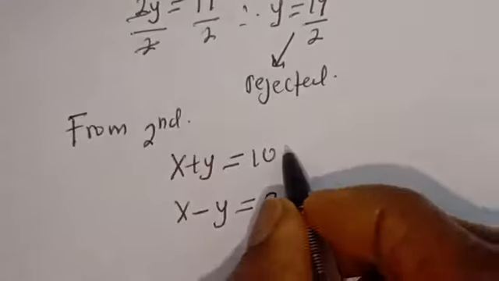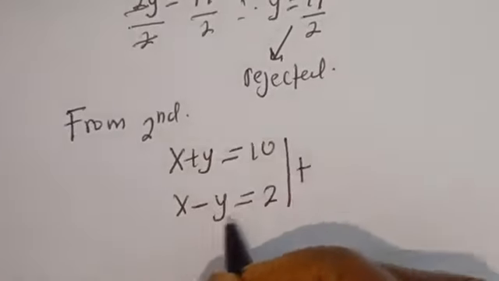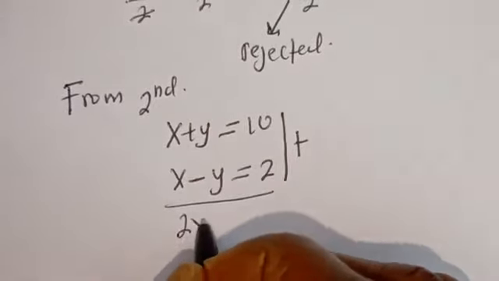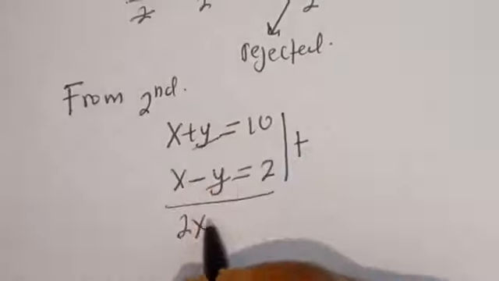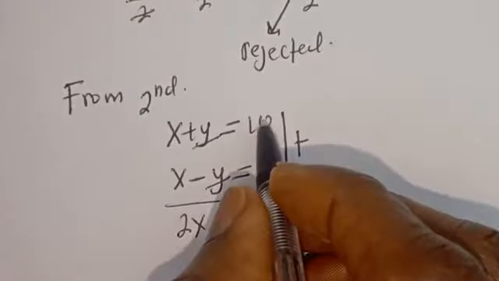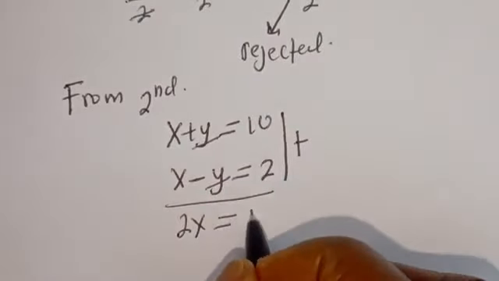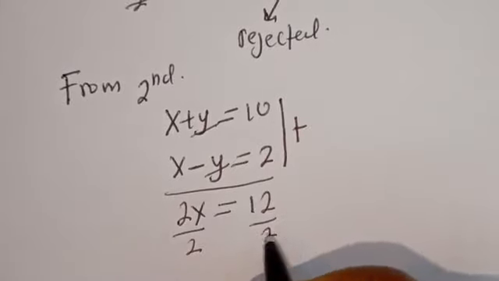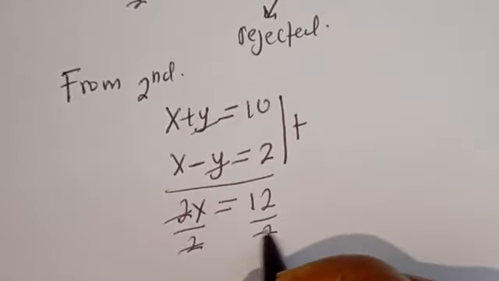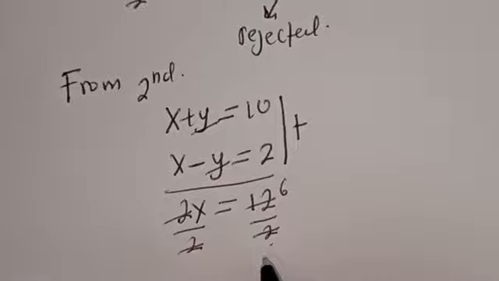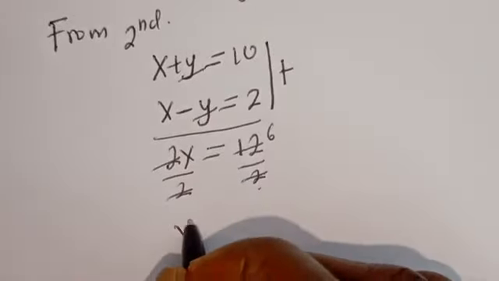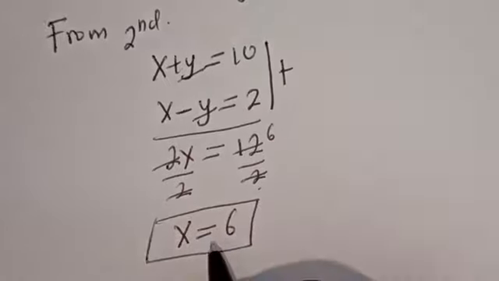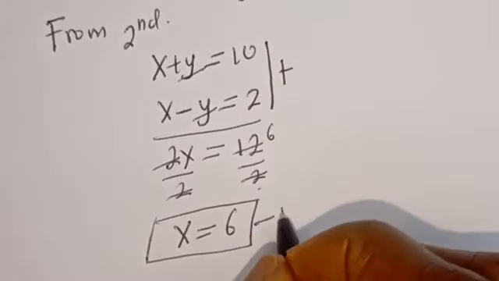Now let's solve it simultaneously using the elimination method by adding the two together. x plus x, this is 2x, and y cancels out, is equal to 10 plus 2, that is 12. Divided by 2, 2 divided by 2 is 1, and 12 divided by 2 is 6. x is equal to 6. This is a natural number.